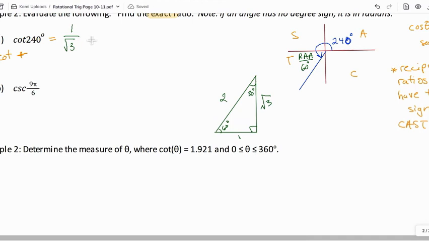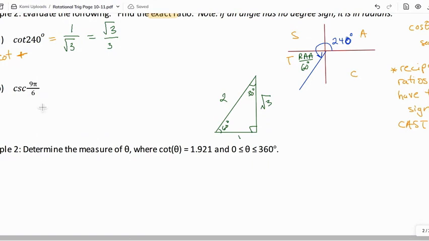I know the textbook is satisfied with this answer, but why are we not satisfied? We must rationalize the denominator. We multiply everything by root 3, and we end up with root 3 over 3. That's the final answer, positive root 3 over 3. That is an exact answer. All right, moving on to the next one.